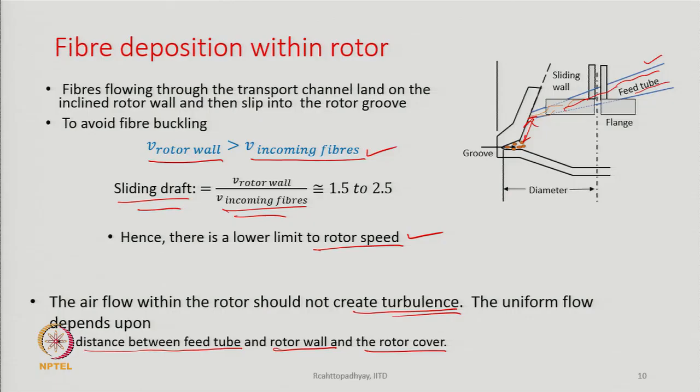So, turbulence is a great source of disorientation of fibers in the rotor yarns. So, that aspect needs to be taken care of while designing the entire rotor spin box and also the parameters of the process, especially the suction pressure, the speed of the rotor, the angle at which the feed tube is positioned. All of them will matter.